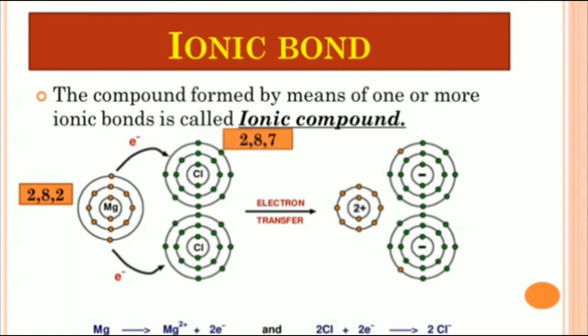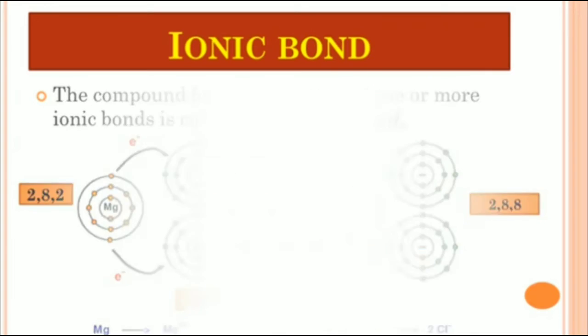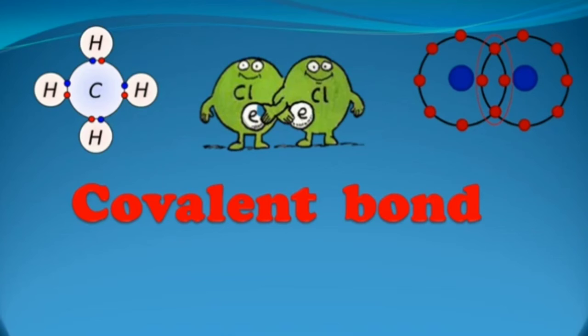It is 2, 8, 7. Right? Both the chlorine atoms. So magnesium will lose its electrons and form the electronic configuration 2, 8. And that of chlorine will be 2, 8, 8. This is how they will complete their electronic configuration.